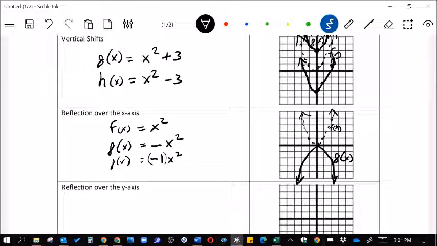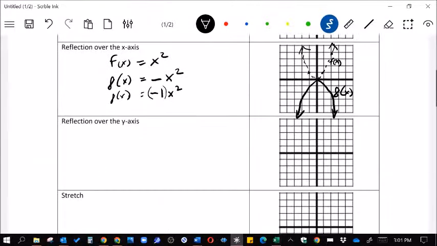Okay, now reflecting over the y-axis. This is not very common, but it's good for you to see a difference on it. In this case, we still have f of x as the basic x squared. Now, in this case, g of x will be negative x squared.